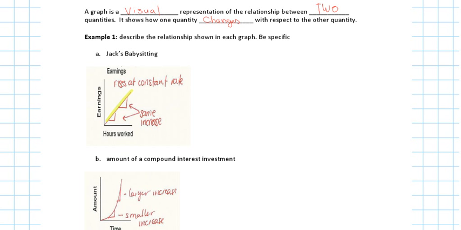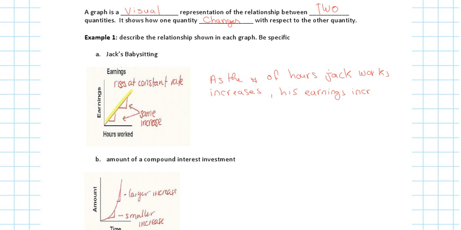It's increasing constantly, right? So as the number of hours Jack works increases, his earnings increase at a constant amount.